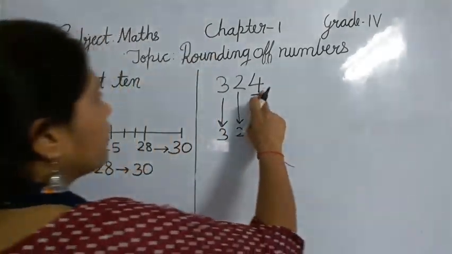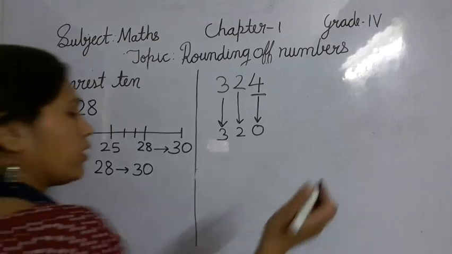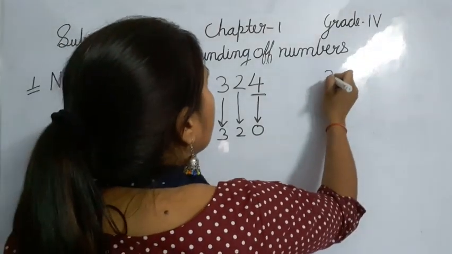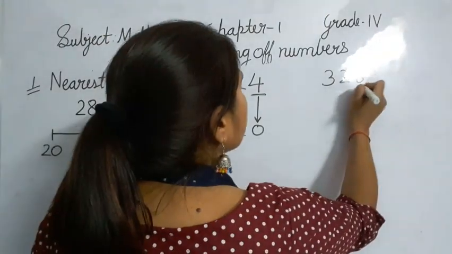What is the second condition? If the ones digit is equal to 5 or greater than 5. Let's take one example, 326. Now see the ones digit here.